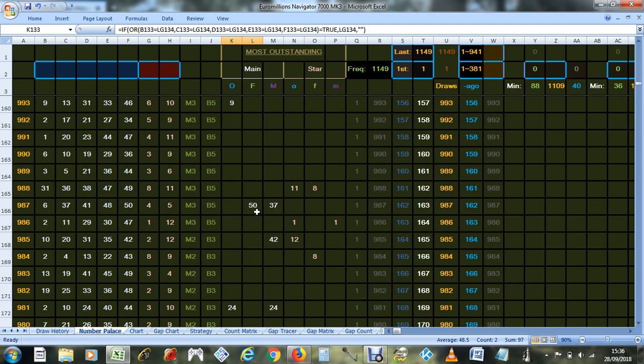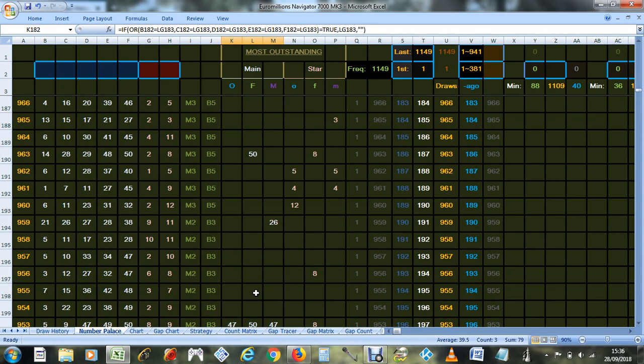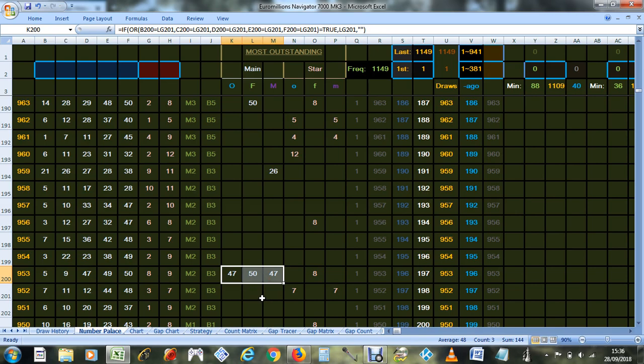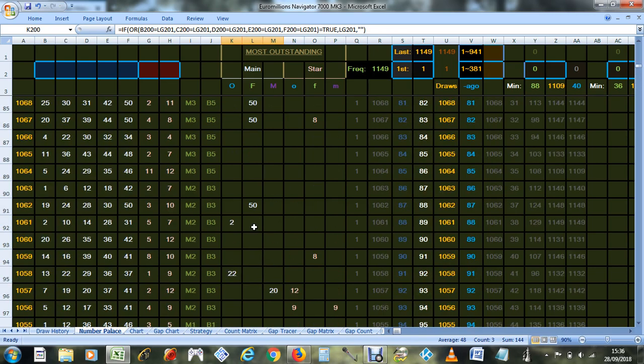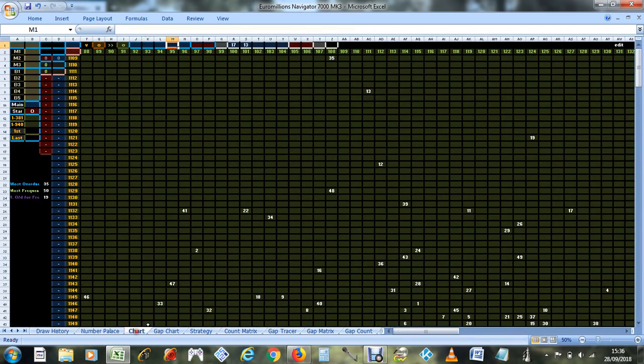So you can see you sometimes do get 2 of the most outstanding numbers occurring together in the same draw, and I'm quite certain, well I won't say certain, but quite hopeful that that's going to happen again, 17 and 13 together in tonight's draw.